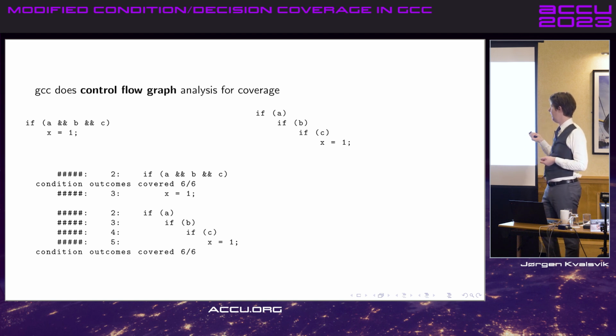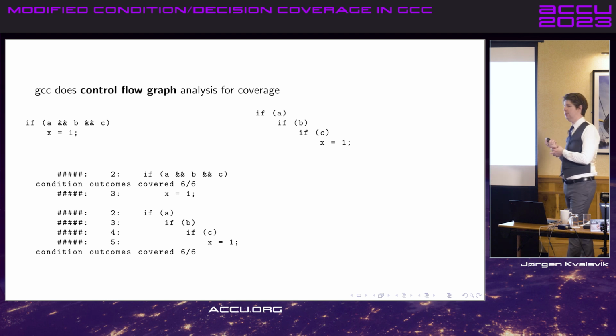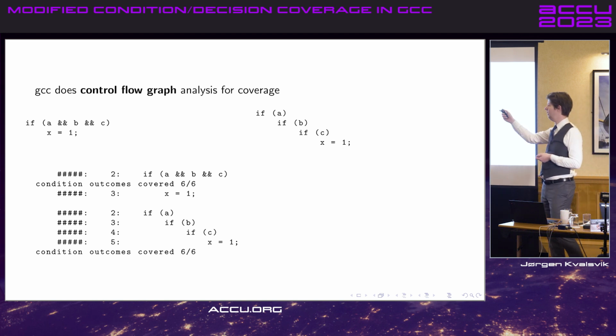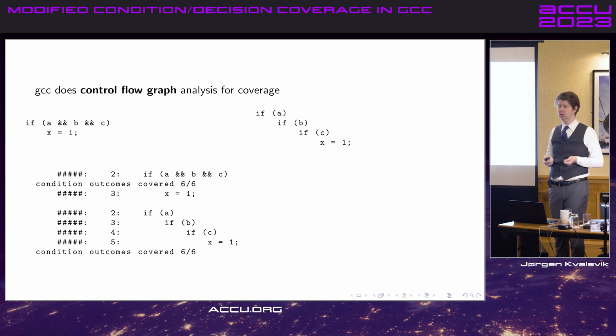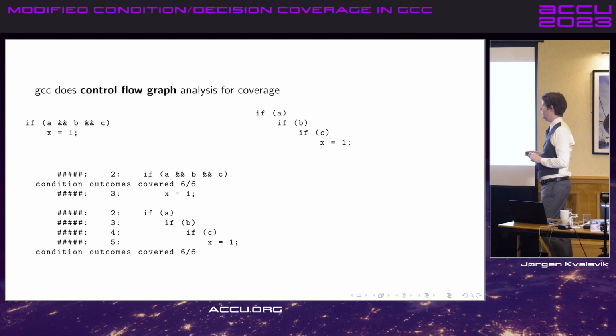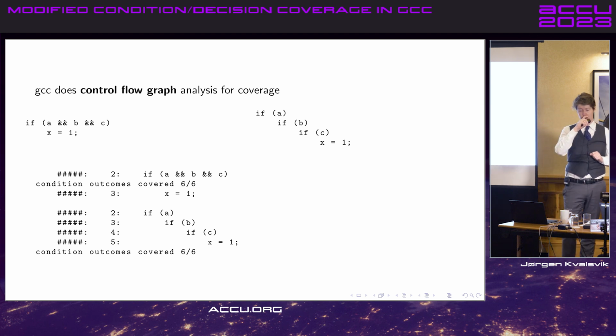Both of these evaluate to be a single expression with 3 conditionals. This is sometimes surprising, but I would say that you have to expect that even at no optimization, your compiler will do a little bit of rewriting for you. And if you wrote the right-hand one and didn't mean to, why didn't you do the first one? Like, what are you doing? So in practice, this is not a big problem, but it can be surprising that it doesn't necessarily map one-to-one to what you thought you did.